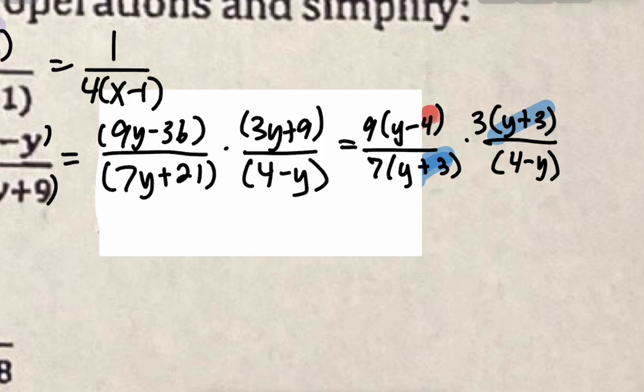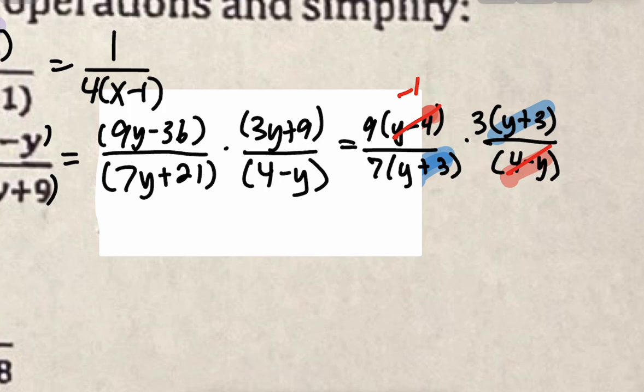So you're allowed to cancel them as long as when you cancel them, you do have to leave a -1 behind because they are opposites. So they don't cancel out just perfectly like we would want. You do leave a -1 behind.